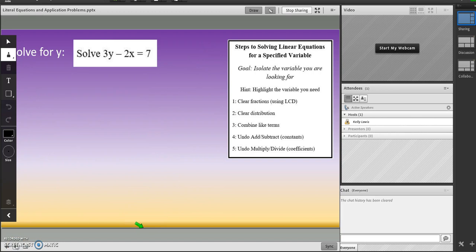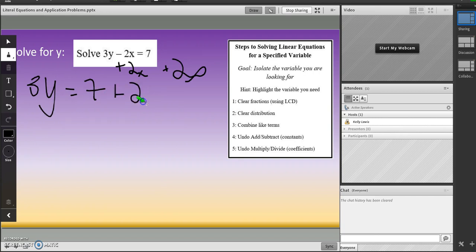Okay, so this skill is really important, especially when we need to learn to solve for y. All right, I want y all by itself, so I'm going to add 2x to both sides. This is being subtracted. So I get 3y equals 7 plus 2x. Okay, then I'm going to have to divide everything by 3.